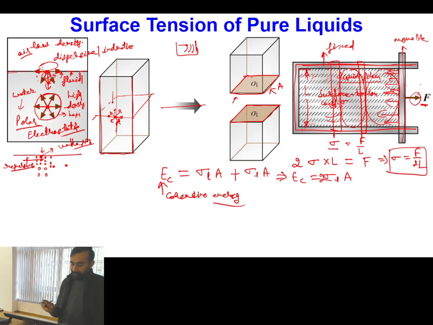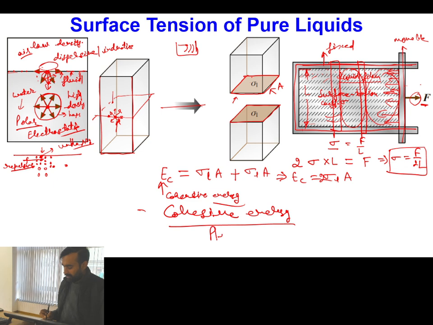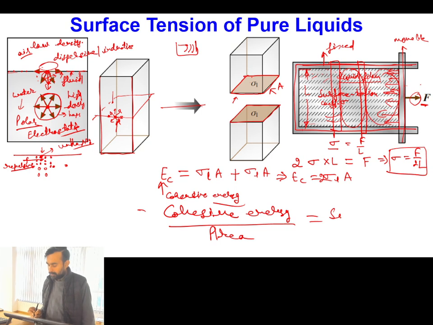One important point we have to consider: whenever we determine the interfacial or cohesive energy per unit area, then whatever quantity we get, we call this quantity surface tension.